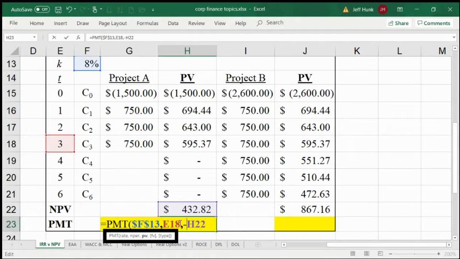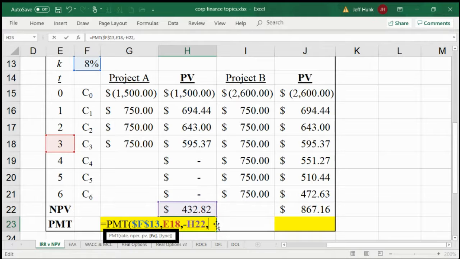So I want the payment to come out as cash inflow, so I will have to set the NPV as negative. It's not a big deal. That doesn't make this really negative. It is still positive here. I'm just entering it as negative here.